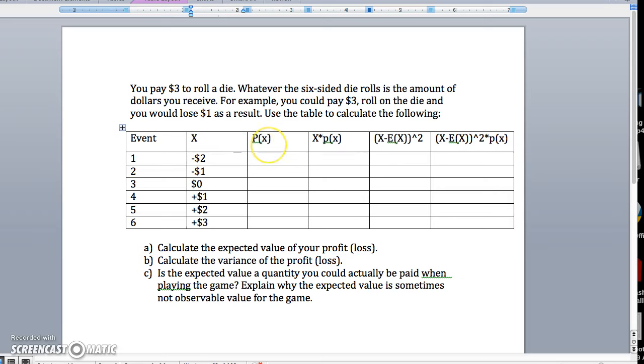Now this P of X, this is the probability that we roll 1 on the die, 2 on the die, 3 on the die, and so on. So the probability that we get 1 on a 6-sided die, that would be a 1 out of 6 chance.